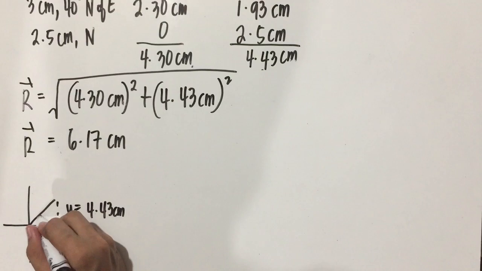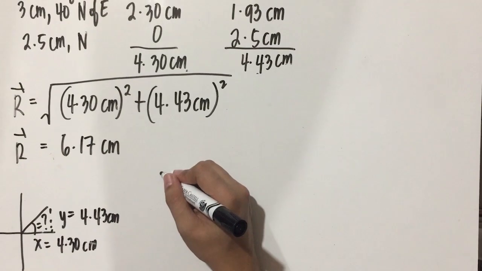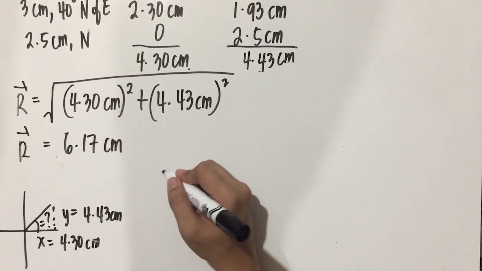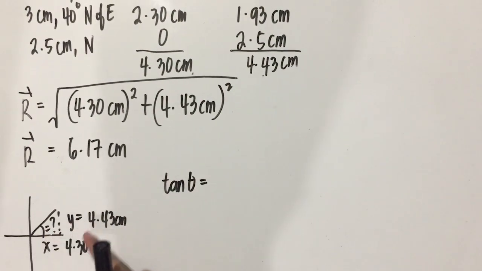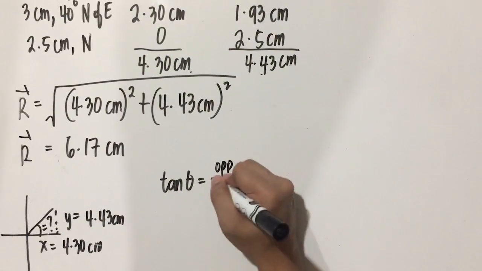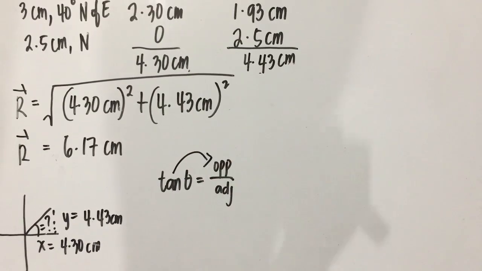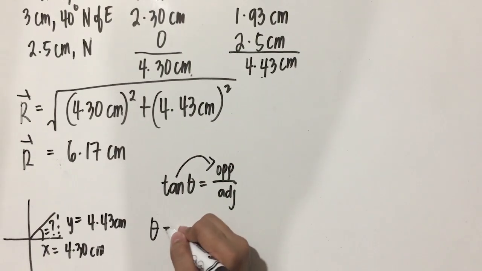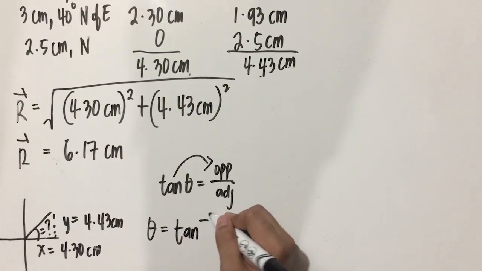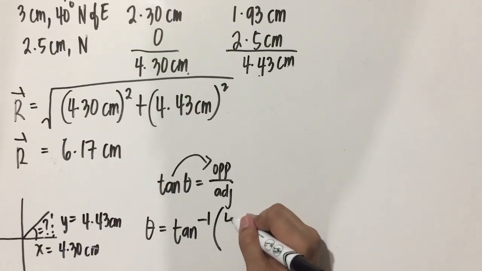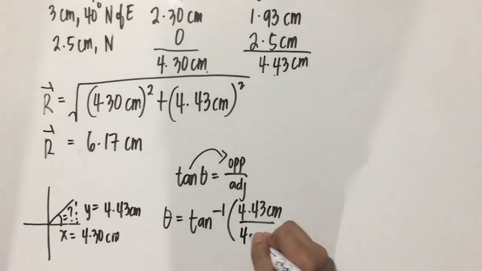So we have to look for the value of the direction or the angle. So by merely looking at it, we have to use tan theta, opposite over adjacent, because those are the values we have. Now, we have to transpose the tan to the other side, so that angle theta is equal to arctan of the quotient of opposite over adjacent, your 4.43 centimeters divided by 4.30 centimeters.